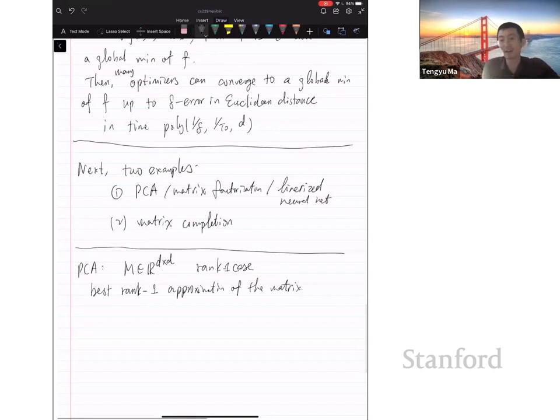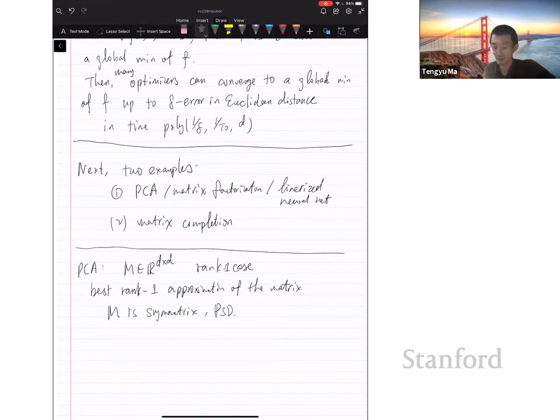I think from other classes you know that the best rank 1 approximation is basically the eigen decomposition or the singular value decomposition of the matrix. Here, just for simplicity, let's assume this matrix M is symmetric, and even assume it's PSD.